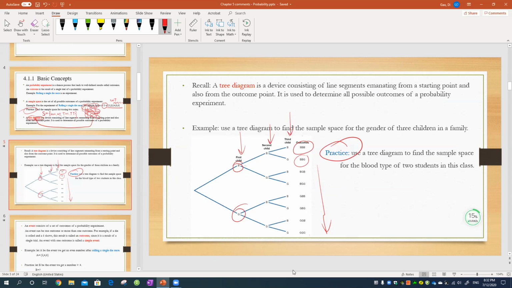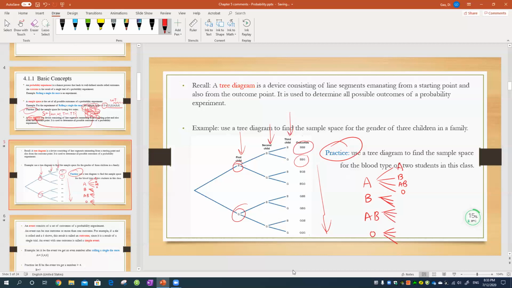For the first student, we have A, B, AB, and O. And then for the second one, from each one, we have the 4 outcomes: A, B, AB, O, and same thing. So this is going to be the sample space.